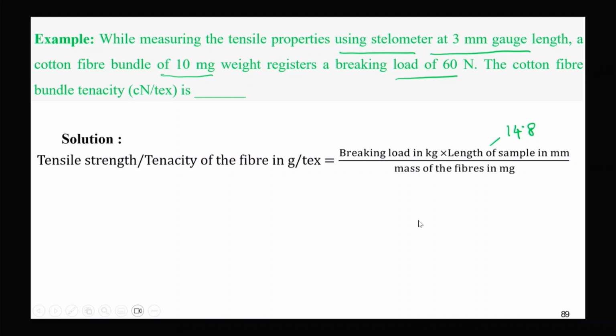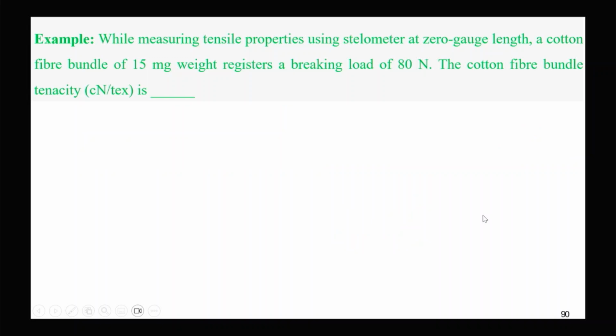And breaking load in kg, so Newton is given, we have to convert it to kg. After conversion, we get the tenacity as 8.88 gram per tex. This is simply a matter of conversion, one can always do the conversion.